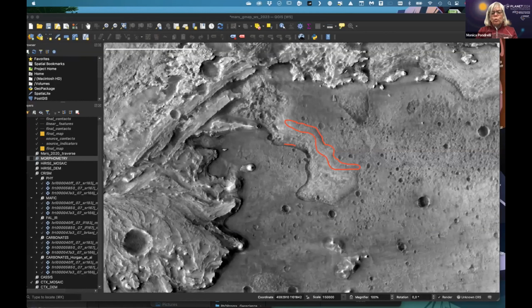So you have to decide at what limit you want to map them. For example, if you have a good extent, such as this one, this should be mapped as aeolian bed forms. This one is too small. If you start to map this one, you will never finish your map because it will be endless.